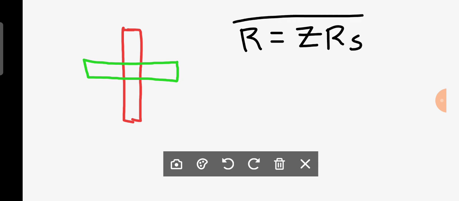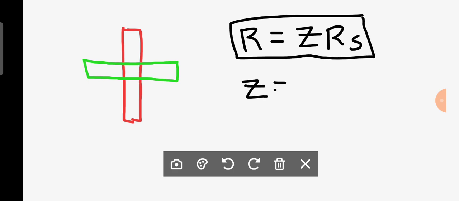How to find out the resistance for any MOSFET? Very important one. The resistance of the given transistor should be calculated in this fashion: R is equal to Z into the sheet resistance. Now what is meant by Z?